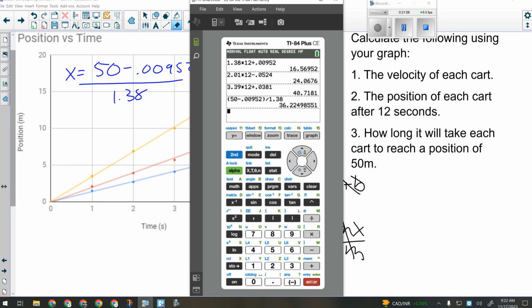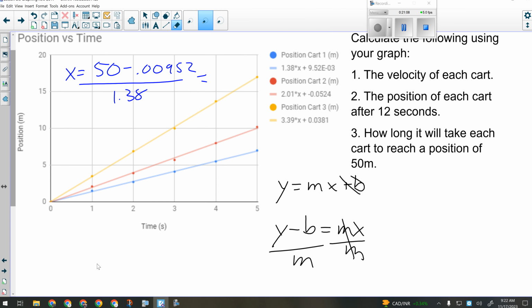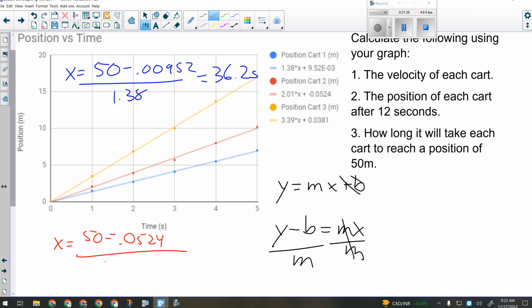Okay, so that's going to take cart number 1 36.2 seconds. Okay, for cart number 2, same calculation. x is going to be, this time, 50 minus negative 0.0524 divided by 2.01. Should this number be bigger or smaller than the last one?